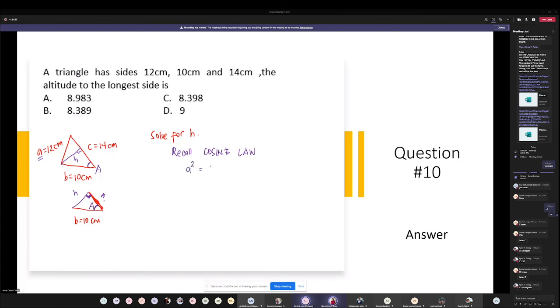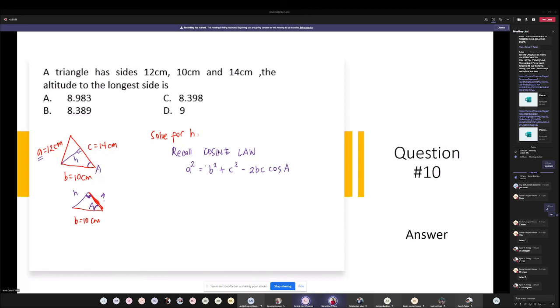Then on the right side, we have the square of the other two sides. We add them and then we subtract 2 times b times c times cosine of the angle opposite to side A, right? Or maybe you have the arranged version wherein the unknown is already the angle, but this is the more general form of the cosine law.